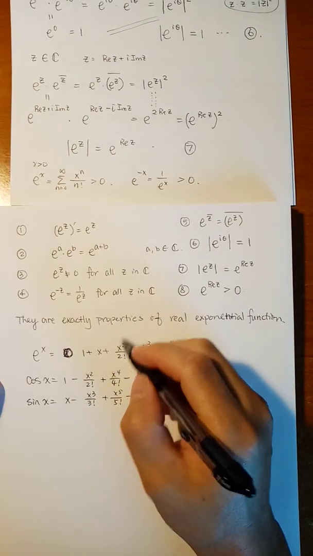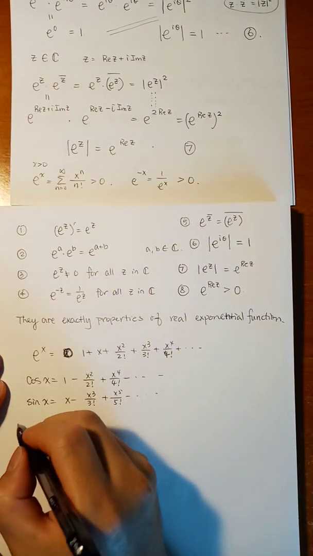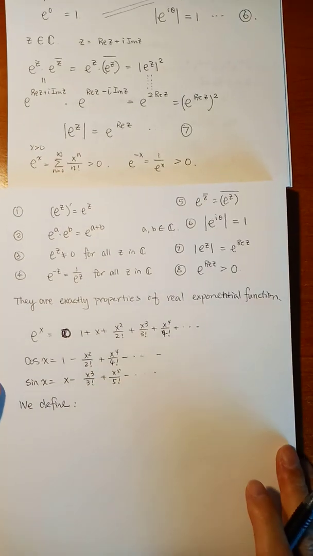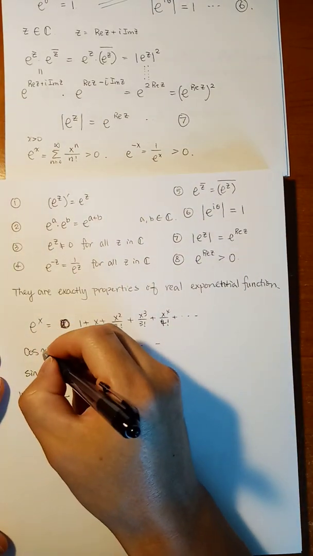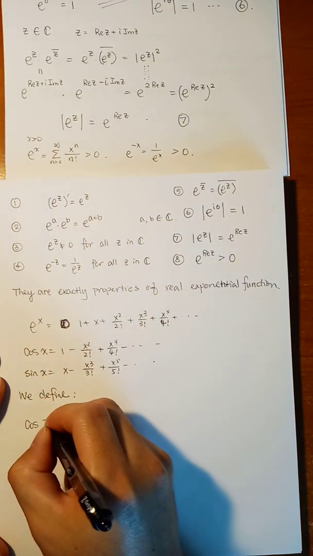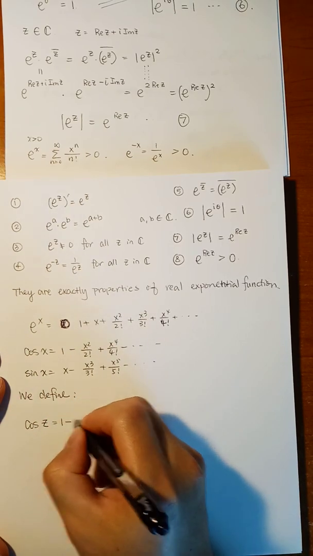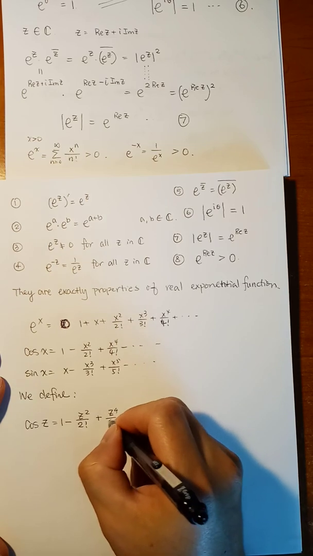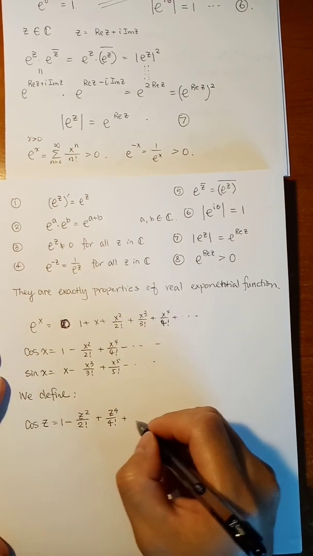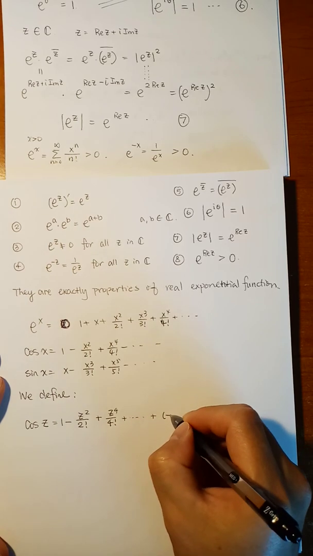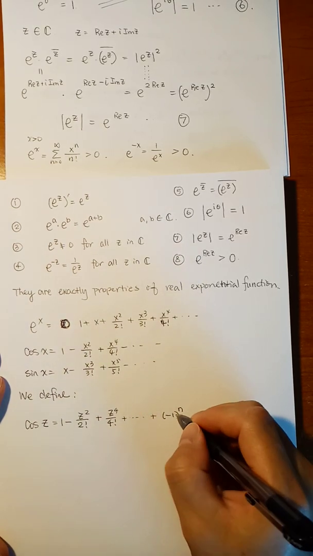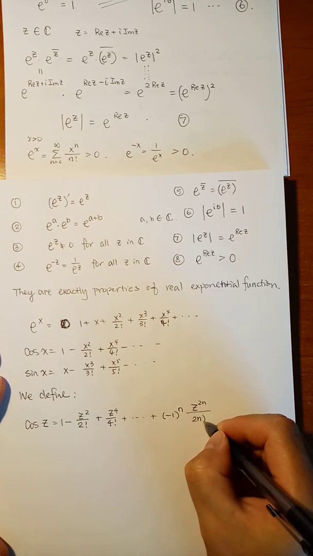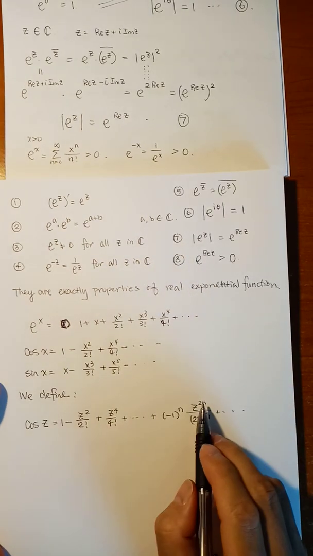So because of this analogy, we define the complex cosine and sine. Just simply replace x by z. So cosine of z is going to be 1 minus z squared over 2 factorial plus z to the 4 over 4 factorial and minus, dot dot dot, and we keep this coefficient here, negative 1 to the nth power, z to the 2n over 2n factorial, and so on.